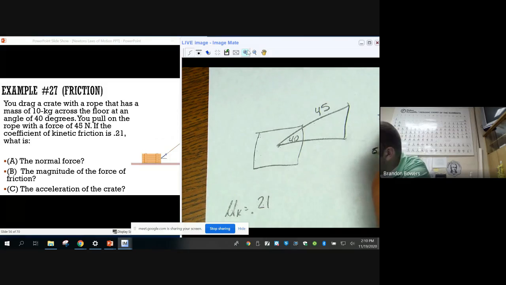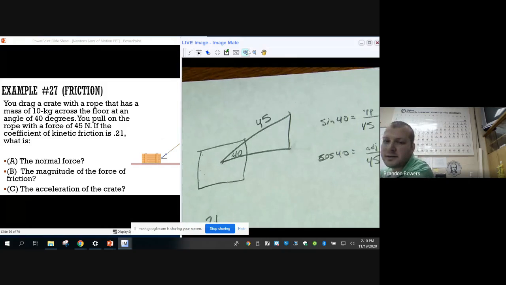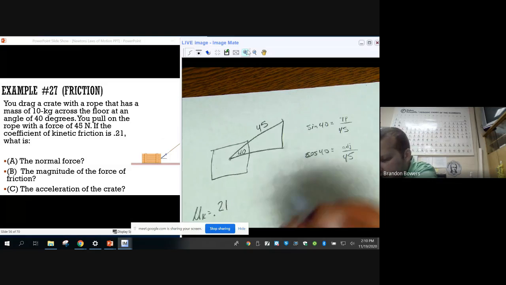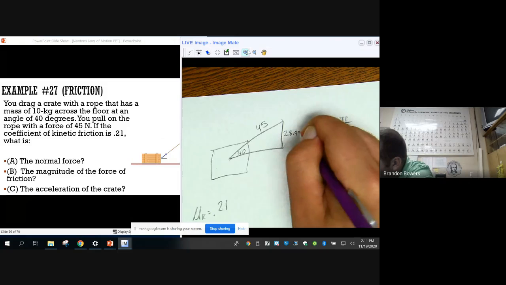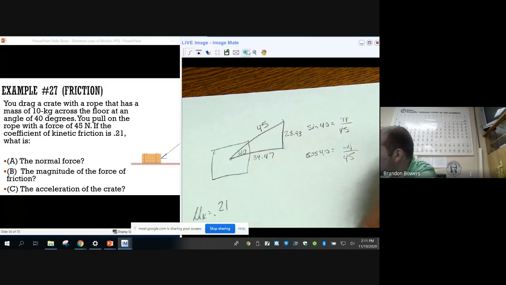And the cosine of 40 is equal to the adjacent over the hypotenuse. Oh, sorry, I'm going to zoom out so you can see it. There we go. Okay, so if I look at these two values, my y is going to be 28.93 and my x is going to be 34.47. Okay?